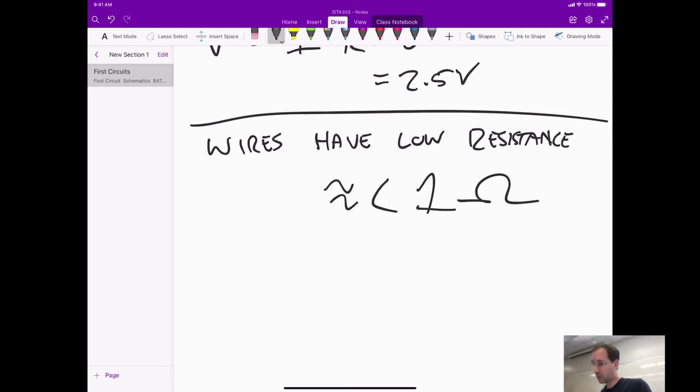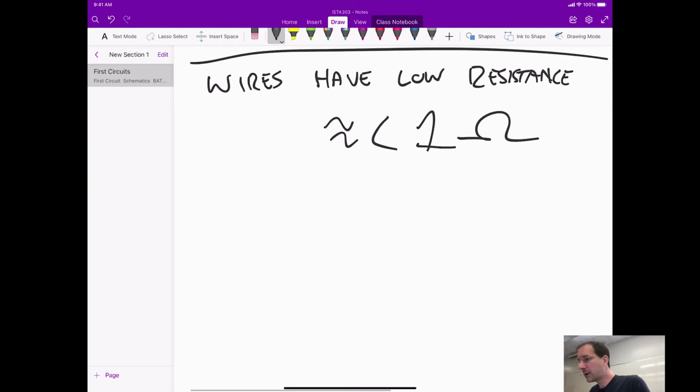A lot of the time they're quite less than an ohm. But every component has a resistance in a circuit, including the battery, or including the wires, even though it's very, very low. And so if you short out a battery, you're essentially connecting the battery with a very low valued resistor. And so you can think of what that does to the current.